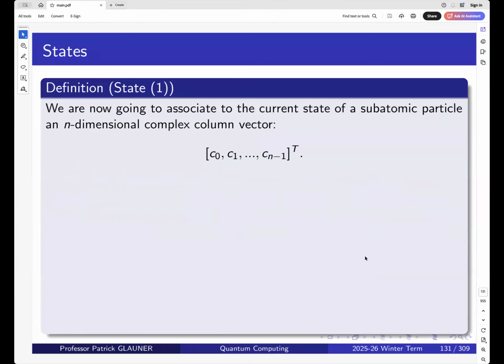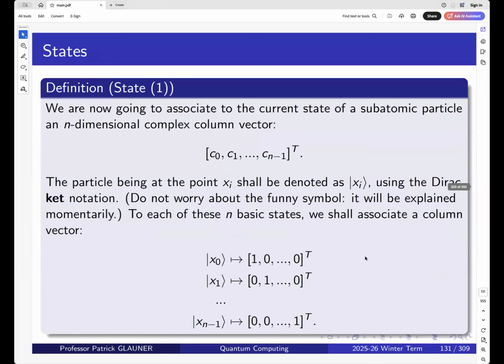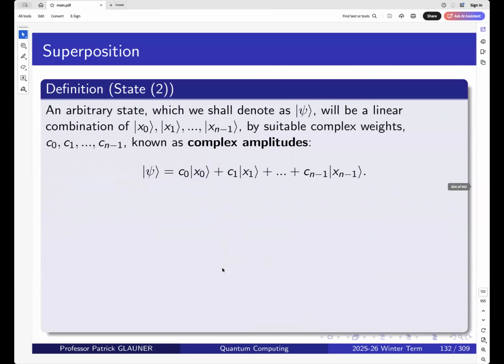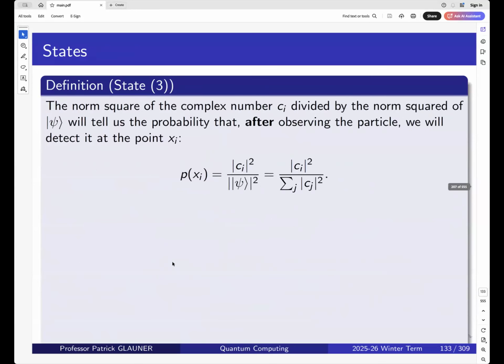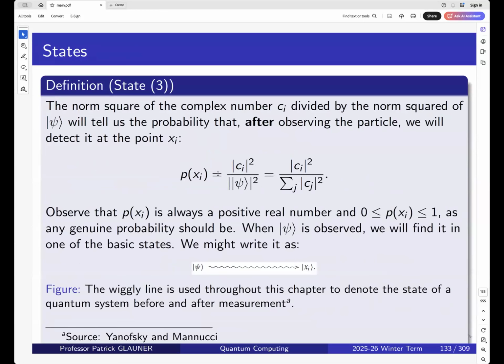If you've joined the course on iLearn, you anyway have access to the slides. What I have shown you are these basic states and the linear combination. So our ket is the superposition of the basic states. We've seen how to calculate this probability, and I developed this with you step by step.